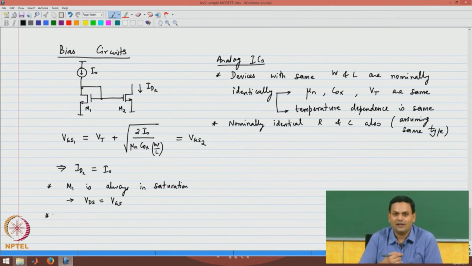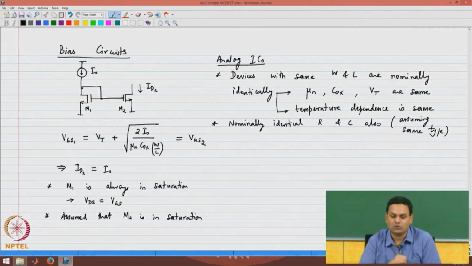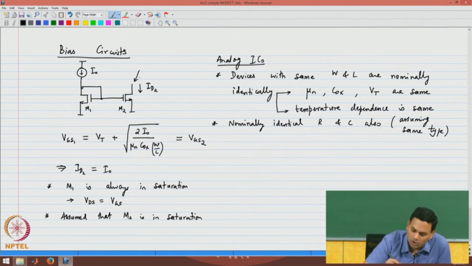Now, the second point is an assumption. We have assumed that M2 is in saturation because we have applied the same gate source voltage. That depends on what the drain voltage is.